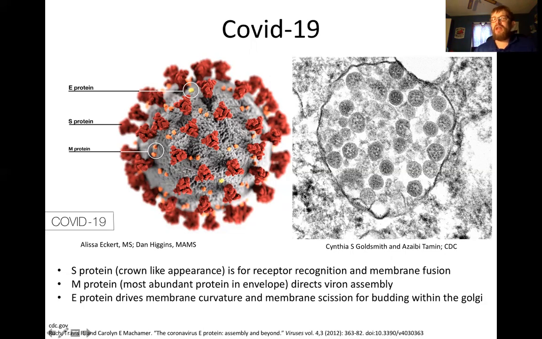And here you can actually see an electron microscopy of a cell that's infected with a coronavirus. And so this is a cross-section of the cell. So these viruses have basically been kind of chopped in half. And so you can see the little black dots on these viruses, right? That's going to be some of the spikes.